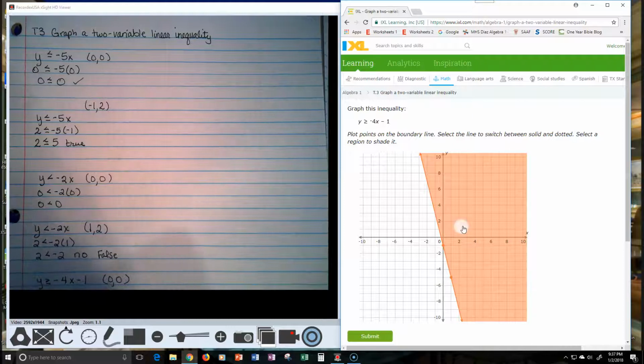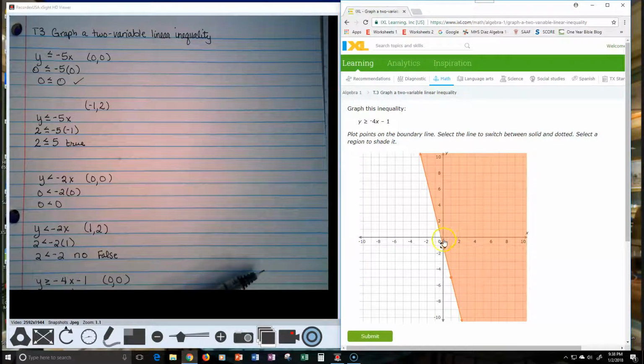So I've got 0 is greater than or equal to negative 4 times 0 minus 1. 0 is greater than or equal to negative 4 times 0, 0 minus 1 is negative 1. So is 0 greater than or equal to negative 1? Yes, it is. So we shade the side that includes 0, 0. And if you look at the graph, 0, 0 is right here, and it's in the shaded area. So we know we're correct.